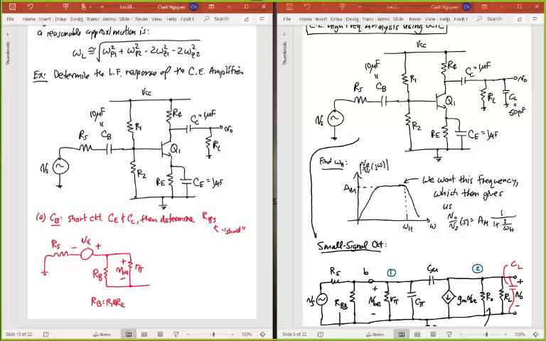Hopefully you're getting used to drawing this small signal circuit by now. I guess later on I'll ask you not to draw it, but at least at some point you should know this circuit fairly well. So you have gm VBE there, and then out here I still have that total resistance going to ground. All of this goes to ground because I've shorted CE. This is going to be R double prime.